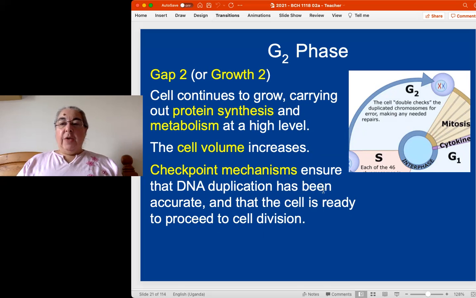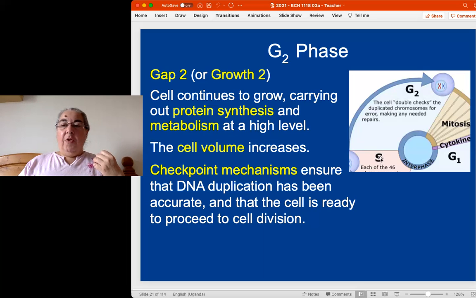The other thing that's going on is that the DNA that was made during S phase is being checked to make sure that the DNA replication has happened correctly, that the new DNA is exactly the same as the original DNA. So we'll be talking about checkpoint mechanisms in a minute.